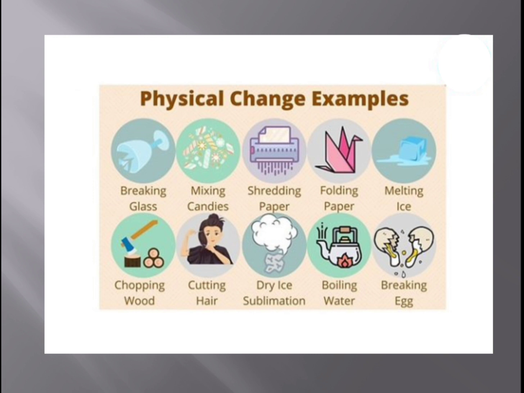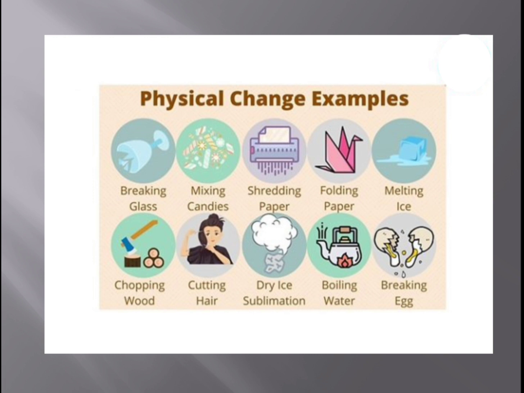The paper has been torn, so there is a change, you can see it, the shape and size of the page has been changed, but no new object is formed here, isn't it? So that is the physical change. So we can say that a physical change is a change in the shape or size, but no new substance is formed.